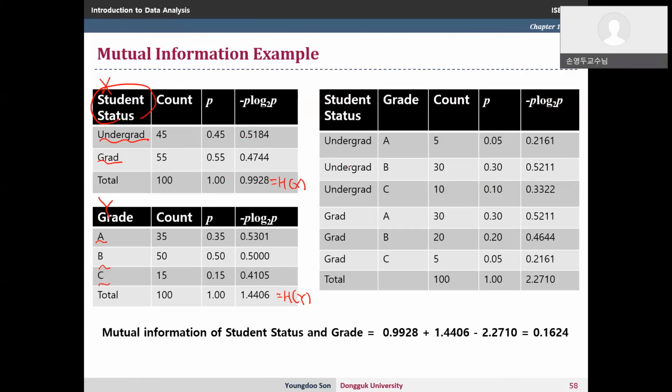We can make the joint cases: undergrad A, undergrad B, undergrad C, grad A, grad B, grad C. And we can calculate the joint entropy. And we can calculate the mutual information like this: the sum of the two entropies minus the joint entropy.